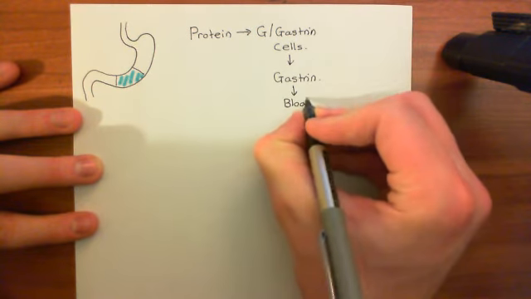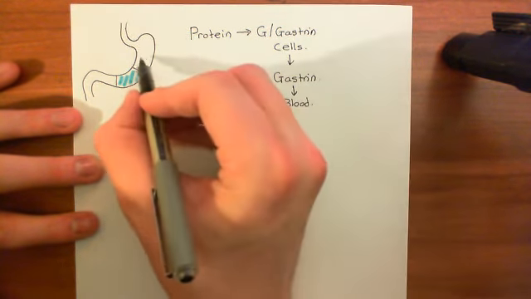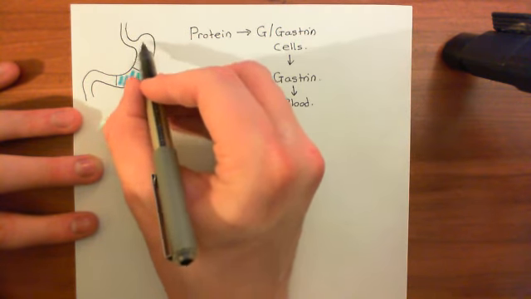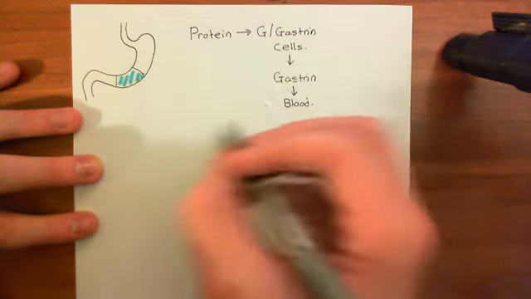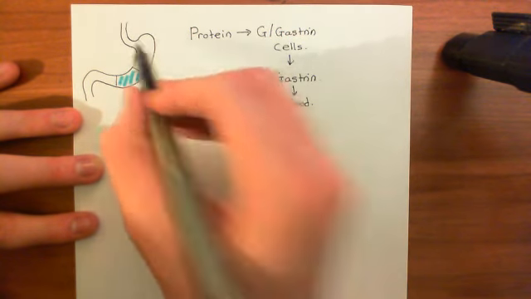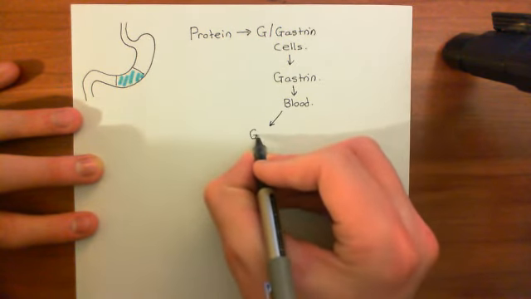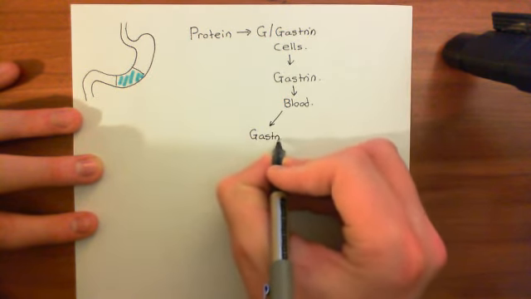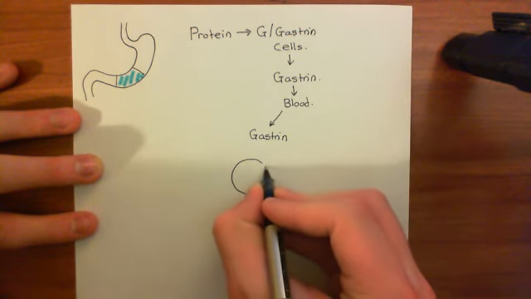Now what happens is the gastrin will then act on the enterochromaffin-like cells, which are controlling the secretion of hydrochloric acid by the parietal cells in the wall of the body of the stomach. So here's the gastrin, and it's now going to act on these enterochromaffin-like cells, which we've just studied. So I'll draw it again.